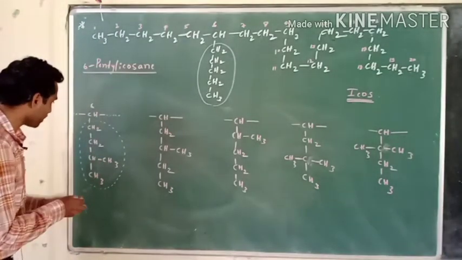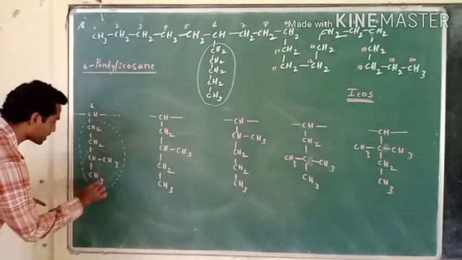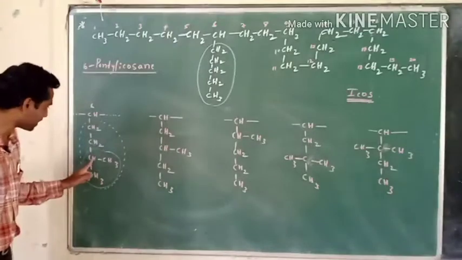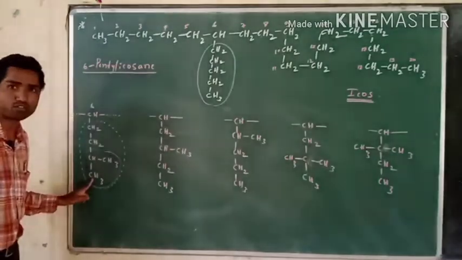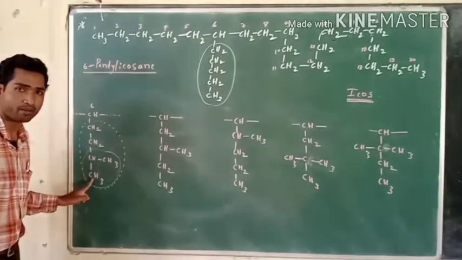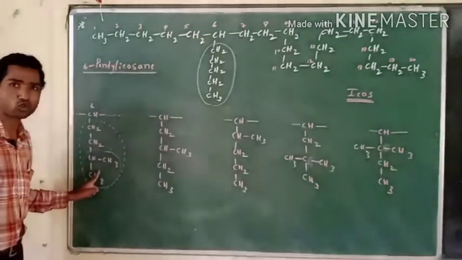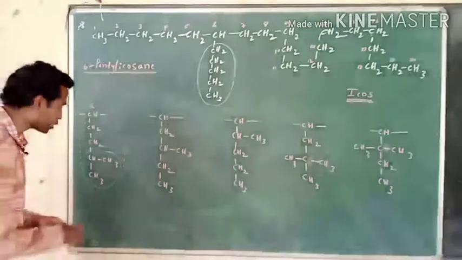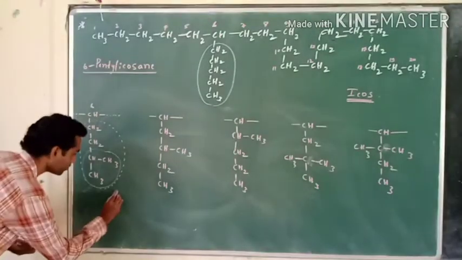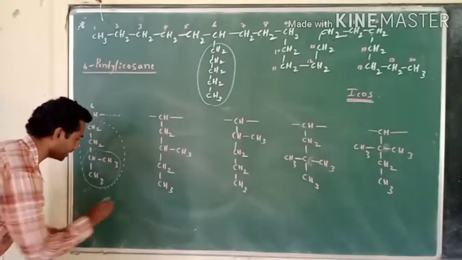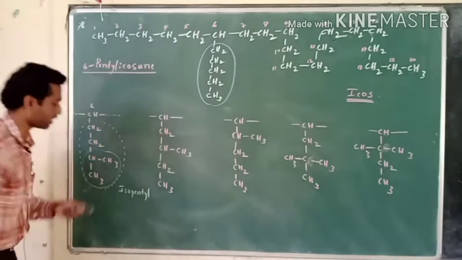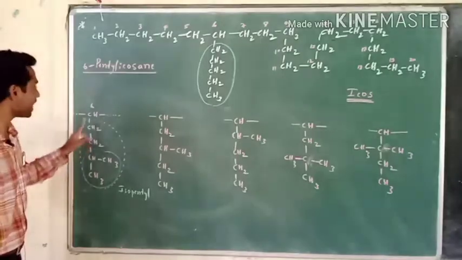And along with that there is an iso group in this molecule, iso CH3 CH3, such type of groups are there at the end of the chain. Then we have to call it an iso group, right? So therefore the name of this substituent is isopentyl, right? Isopentyl. The name of this substituent is isopentyl.